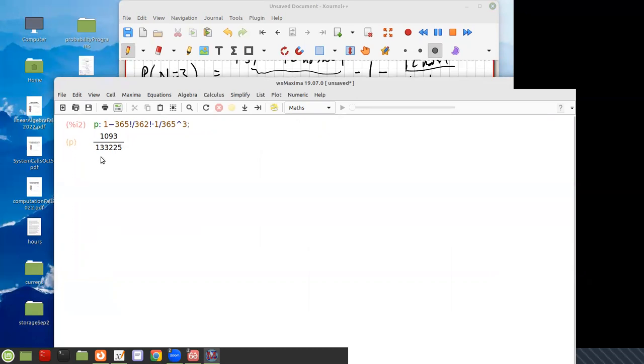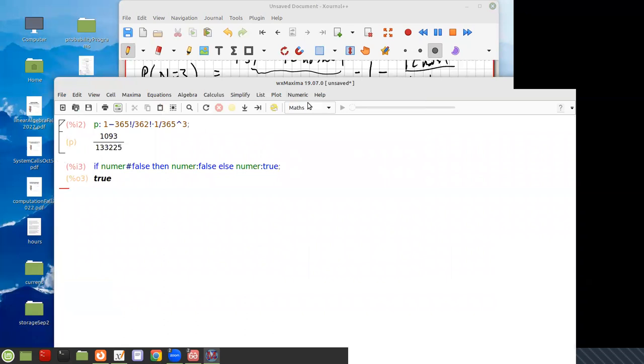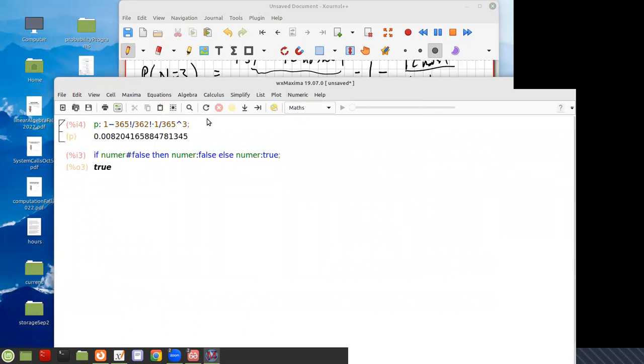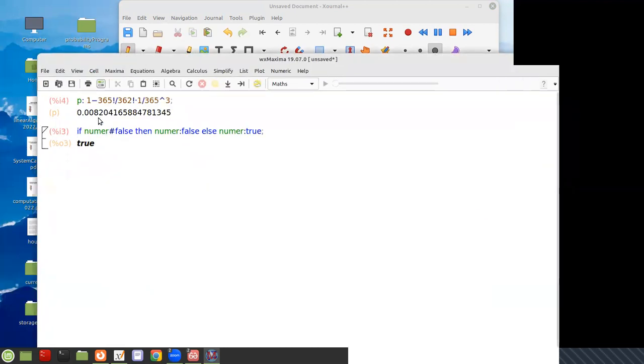If I want to see the actual number, you can go up under numeric and toggle numeric output. Then if I come up here and press again, I get the fraction. So the probability that 3 people have the same birthday is 0.008. That's almost just 1%, like 8/1000ths, which is about 1/100th.